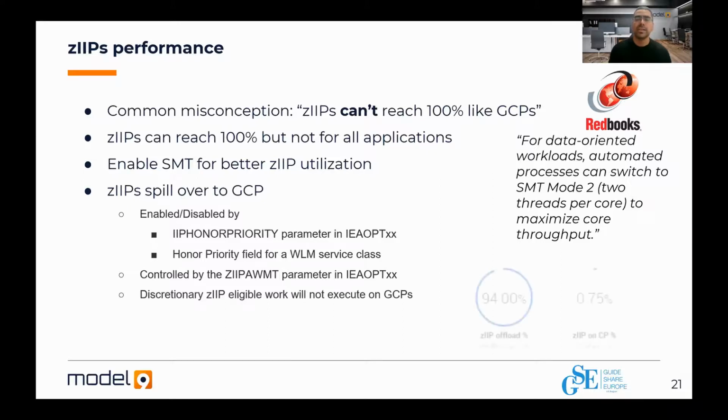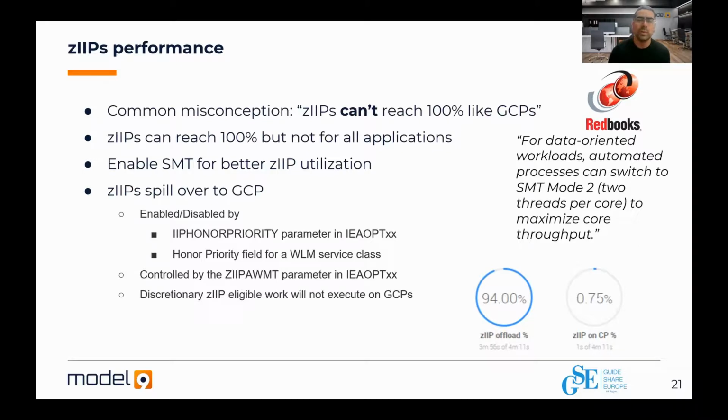Okay, so this is a quick example of how you would expect data management to look. This is the workload that does encryption, compression, sending data out. You would expect at least 90% of that work to run on zIP engines and not the other way around. You can see only 6% of everything that data management did here actually ran on GCPs.